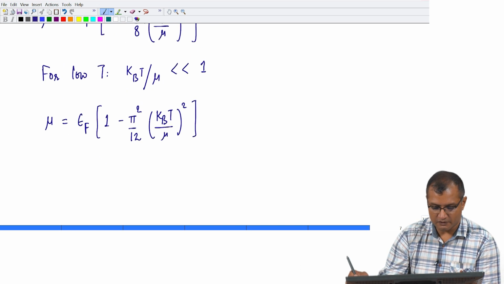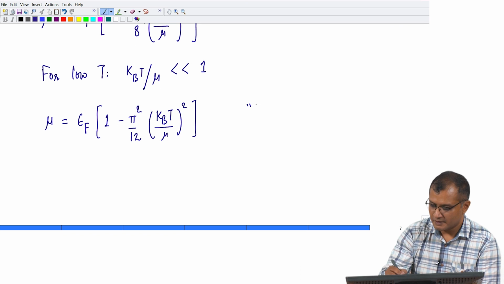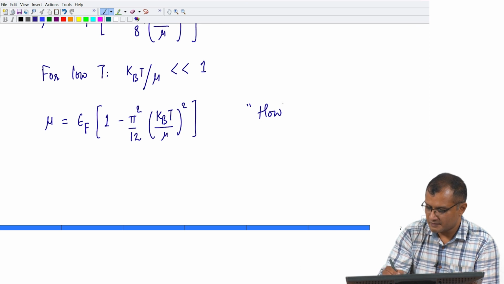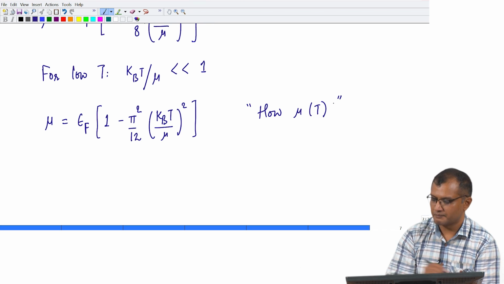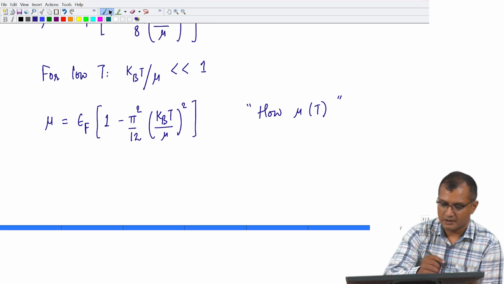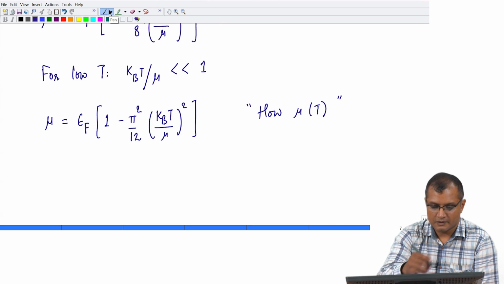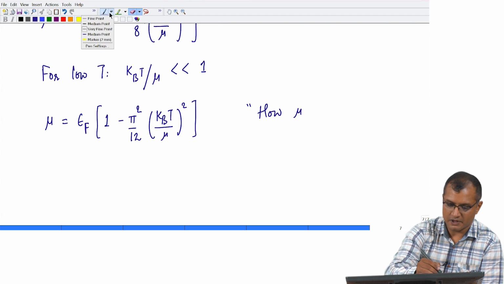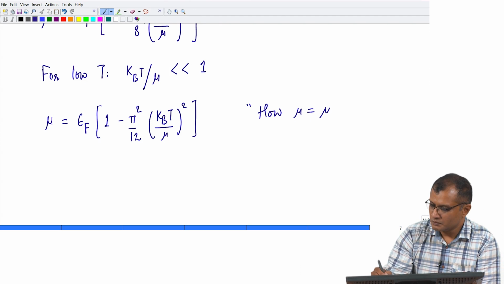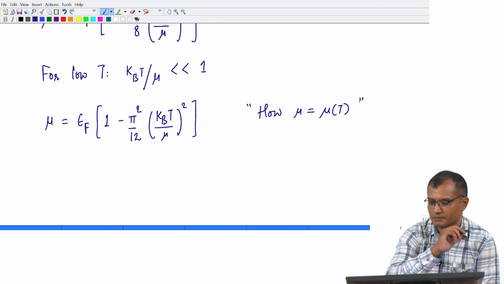Now, this is how basically this tells us how mu varies with temperature.